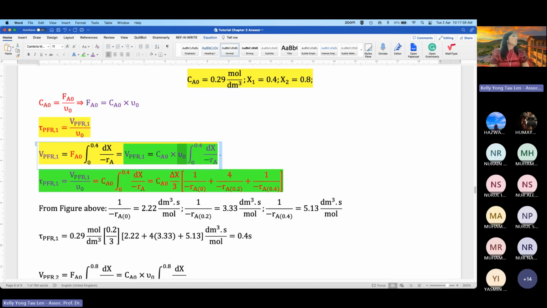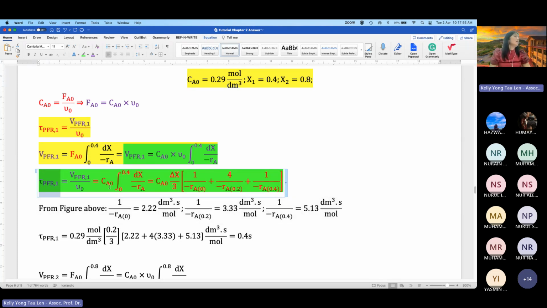So that's why you get volume PFR1 divided by epsilon naught. So when you divide, you have already found the space-time for the first PFR. That side is settled, you already know its space-time. What is left on the other side?